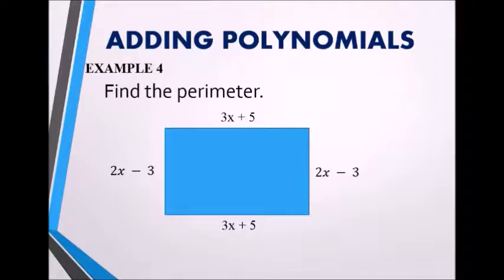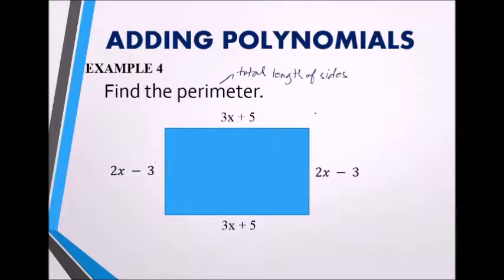Pag perimeter kasi, it refers to the total length of sides. Ibig sabihin, i-add mo yung length of sides. Okay? So, ibig sabihin, since we have here polynomials, we can use vertical addition or horizontal addition in adding all of the terms. So, sa similar terms lang po.